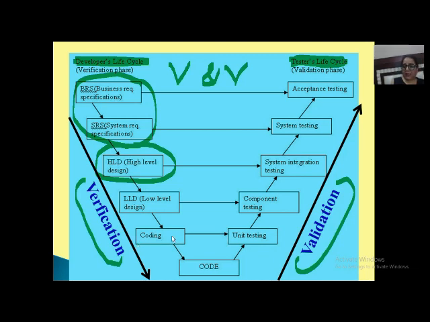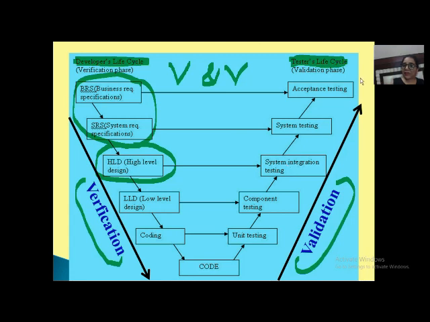If you can see here, code is a common part because code serves as the baseline of the V and V model. Now, one thing you have to note here: for every phase the corresponding test plan is executed. In the waterfall model there was no validation done. Here you have complete validation done step by step.